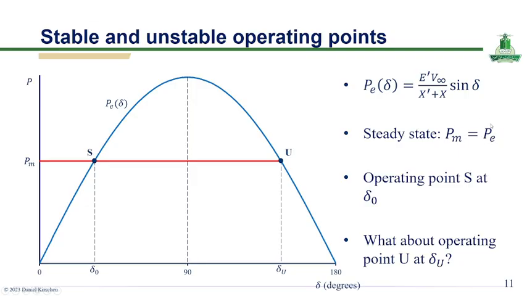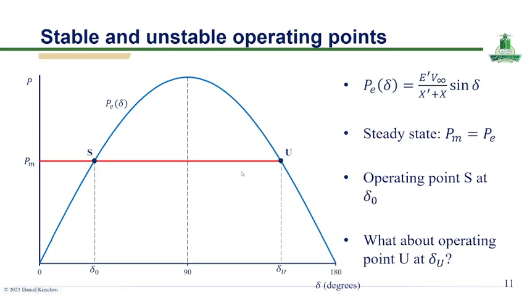So we will have PM is equal to P electrical, and their intersection defines the operating point. Point S at angle delta 0 is a stable equilibrium where a small disturbance results in restoring forces that bring the system back to its original condition.